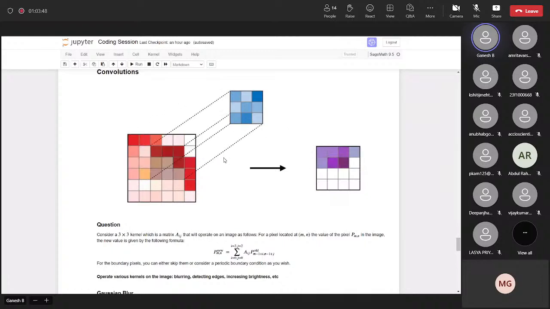So why are convolutions useful? When you traverse through a matrix like this, for your usual images that you deal with, images are nothing but arrays that hold RGB values. So images are made of pixels, and each pixel is just a color which is represented by a particular set of RGB values. And these RGB values are stored as some numbers.